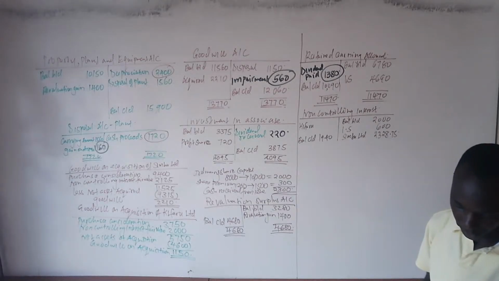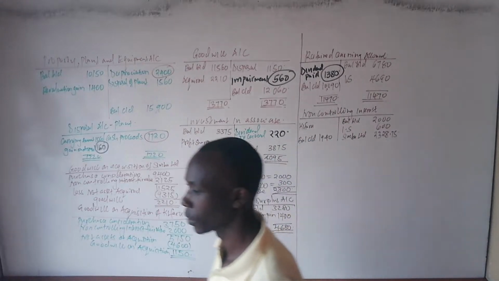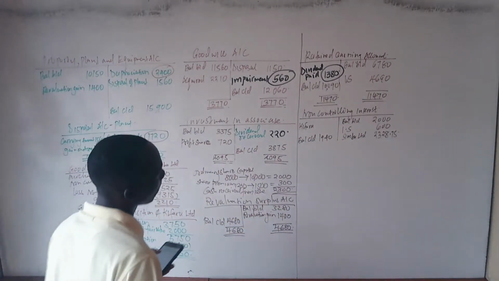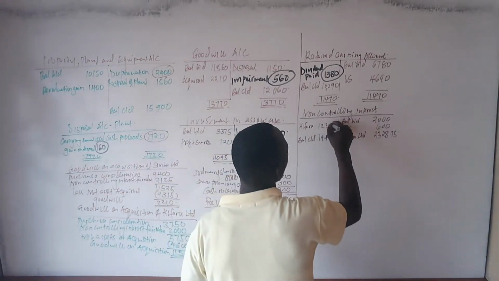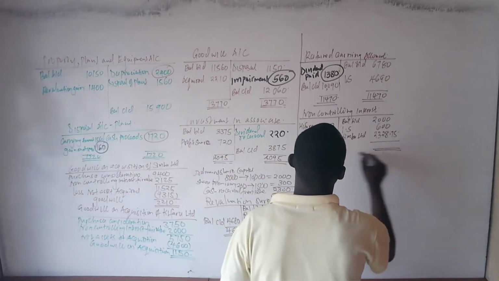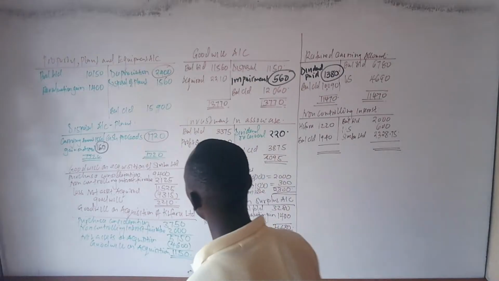And this company had an NCI of 20%. So 20% of 6100 is 1220. And then from there, how much are we talking about?